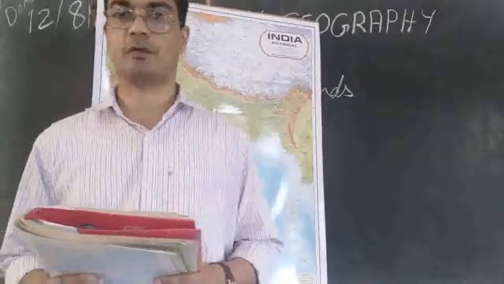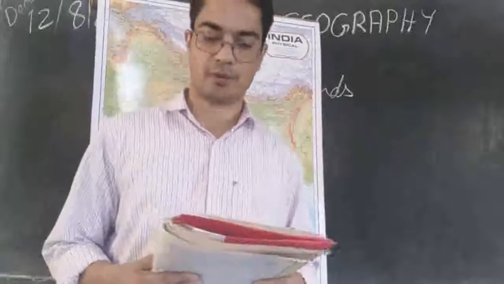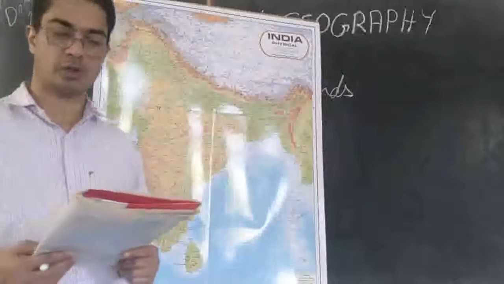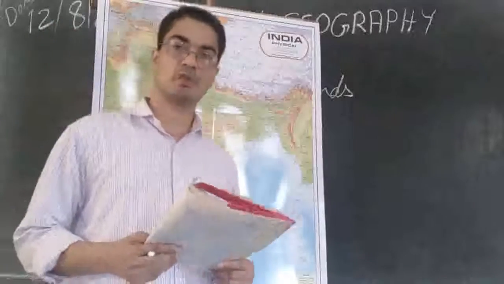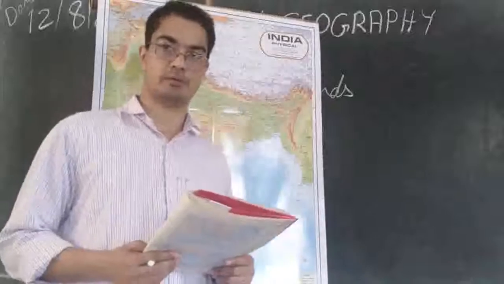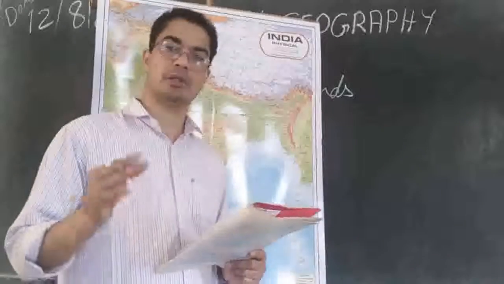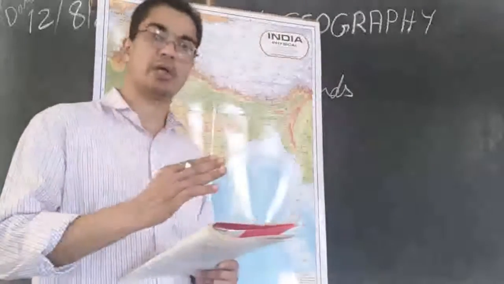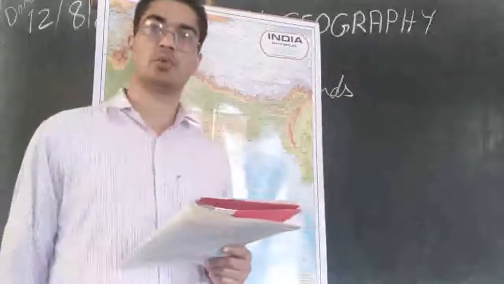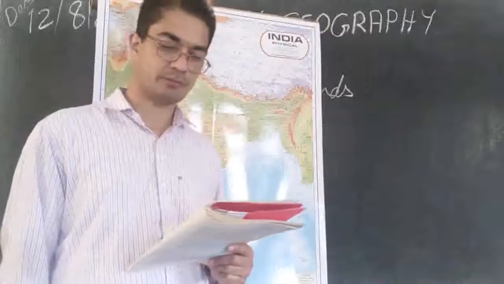So the weather is changed especially during the winter because of these winds, and these winds originate from the Mediterranean region and blow over. Because of that, there is some weather change during the winter season.